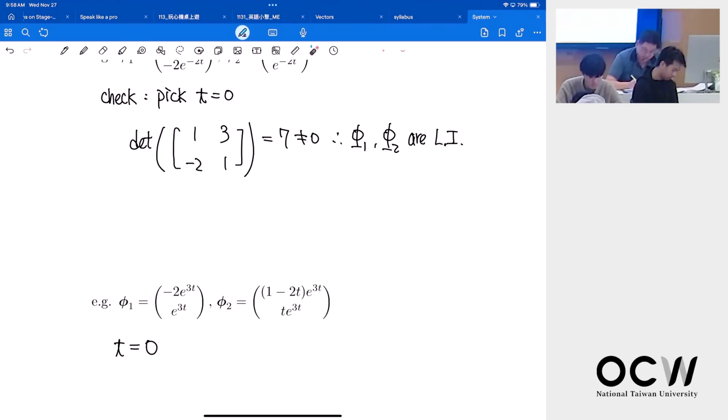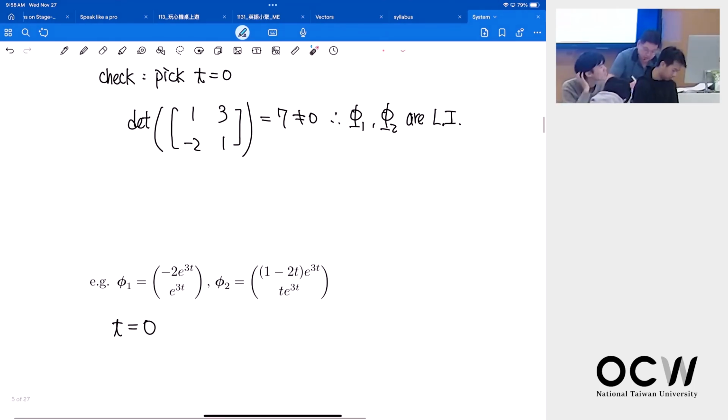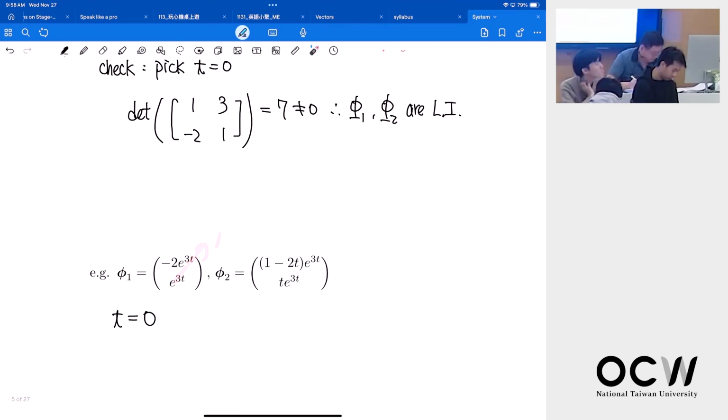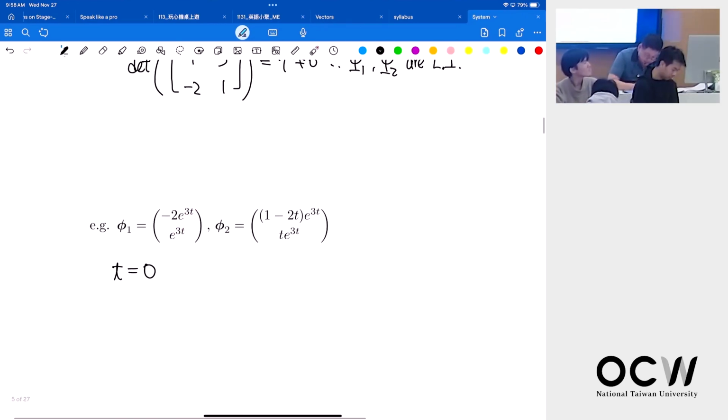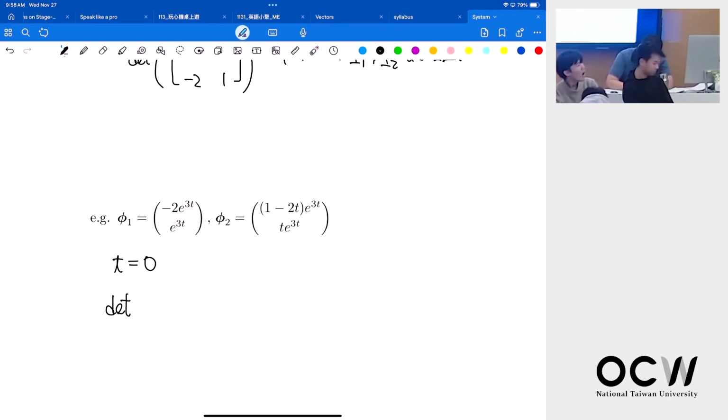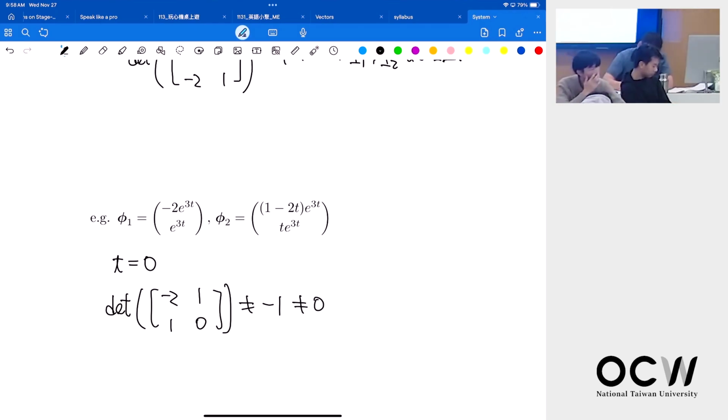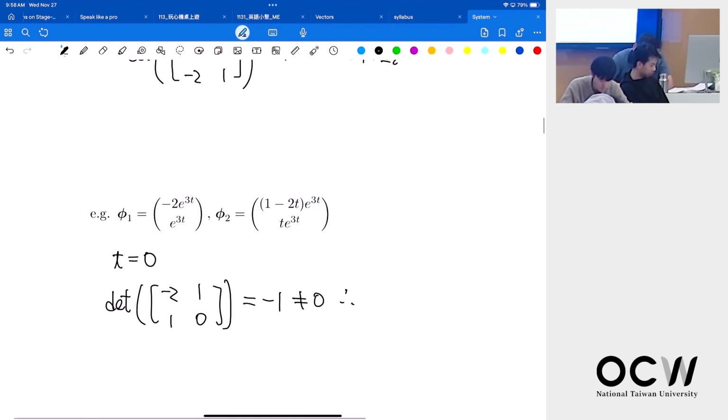The easier way is t equals 0, because then the exponential is 1. That's why I choose 0. Then the determinant will be minus 2, 1, 1, 0, and this is minus 1. The determinant is minus 1, not 0. So they are linearly independent.